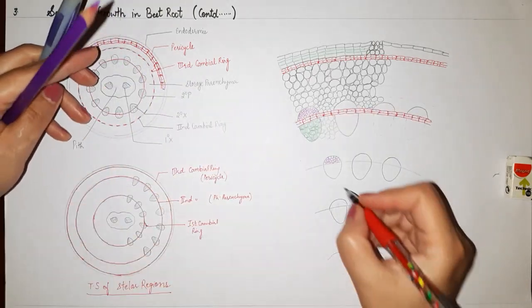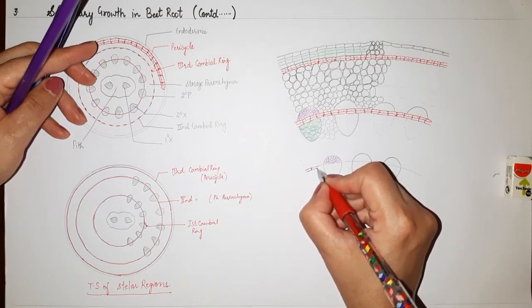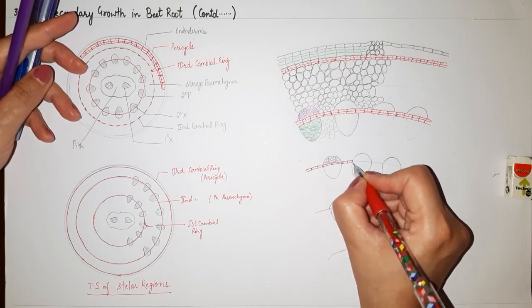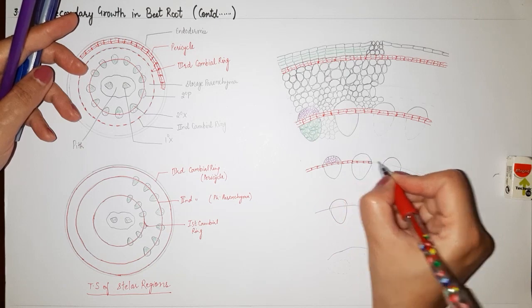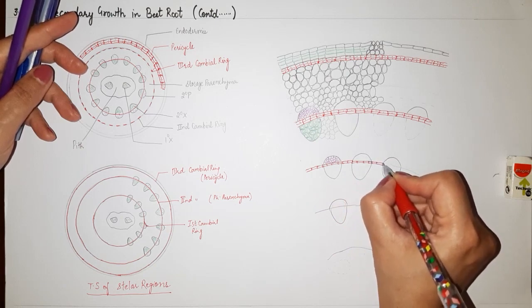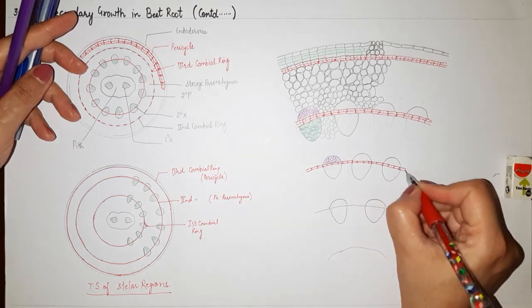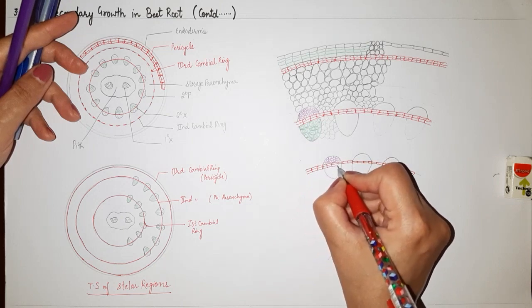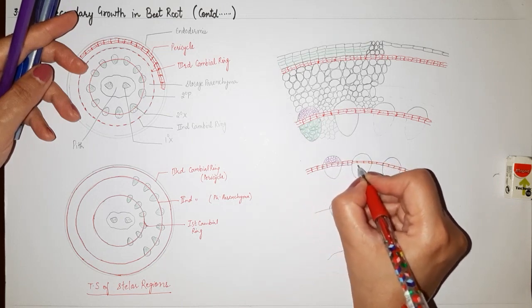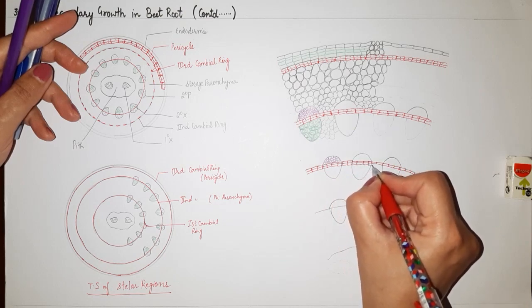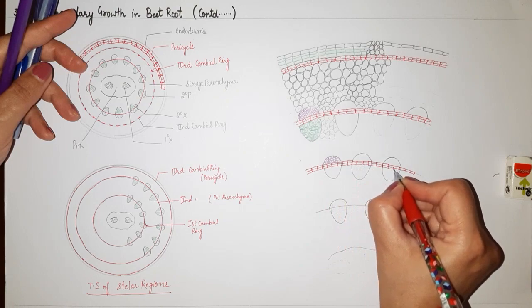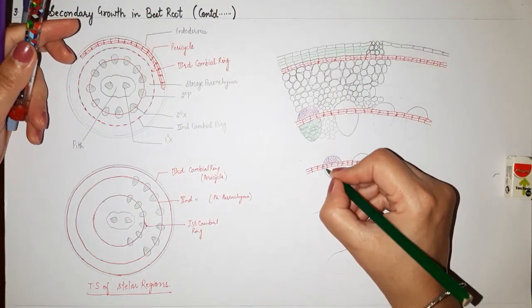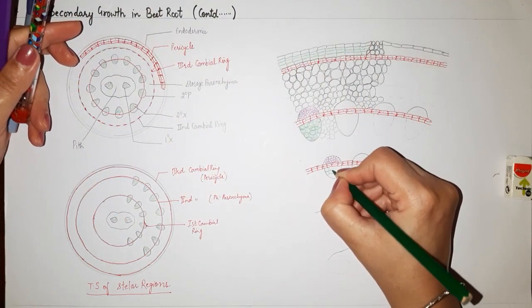Then this ring of vascular cambium, okay, and xylem towards inner side, secondary xylem.